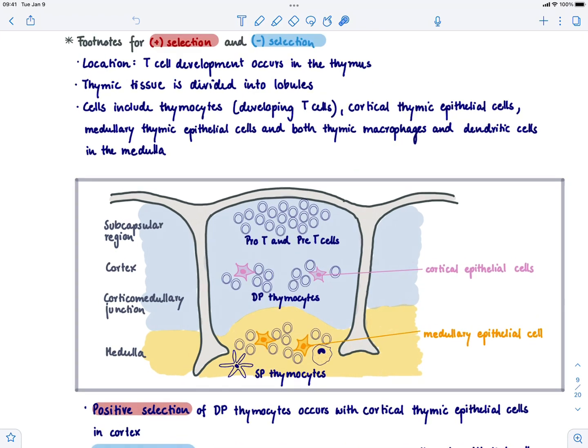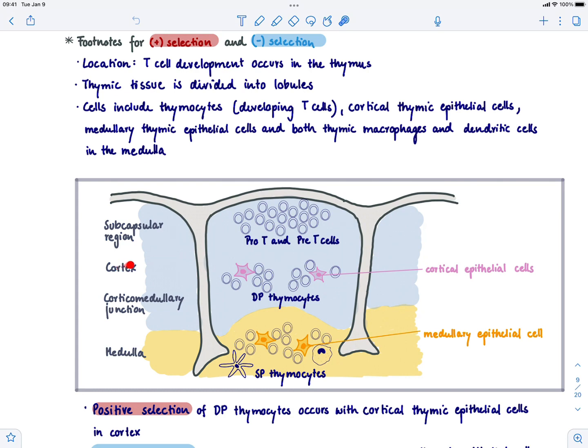We know positive and negative selection happen in the thymus, and the thymic tissue is divided into lobules. These early T cells, the pro-T and pre-T cells, hang out in the subcapsular region and then move into the cortex. That's where they are exposed to peptide MHC for the first time, via cortical epithelial cells.